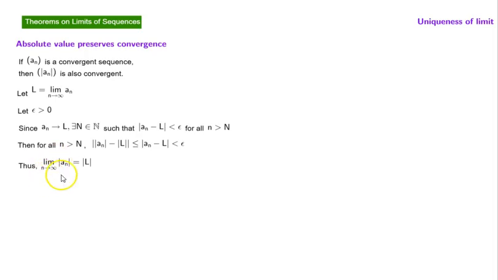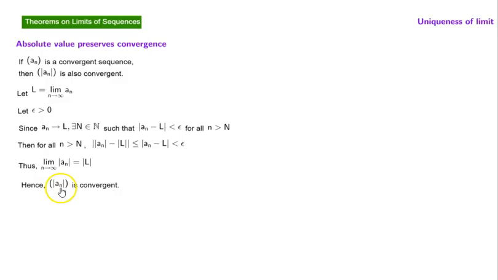Thus, limit as n goes to infinity of the magnitude of a sub n is equal to magnitude of L. The sequence of magnitudes of a sub n is convergent.